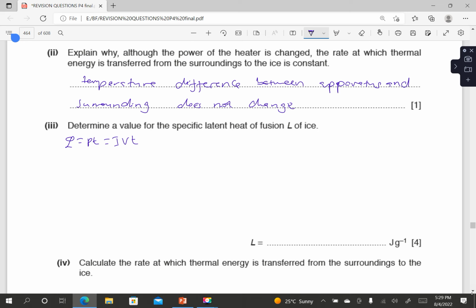So for the first case, I have 15.1 from the table times V, which is 3.6. Then I multiply this by the time. The time is 10 minutes, so that is 10 times 60, plus the heat which is absorbed from the surrounding. Now I have added H in the equation because this is melting.